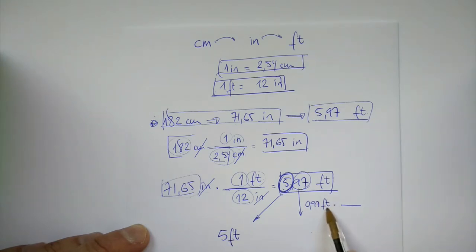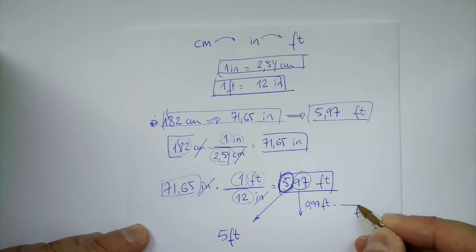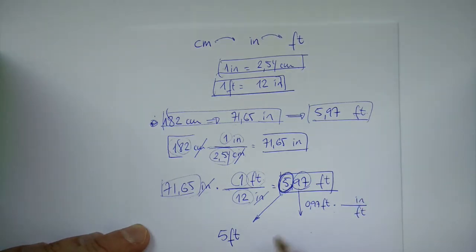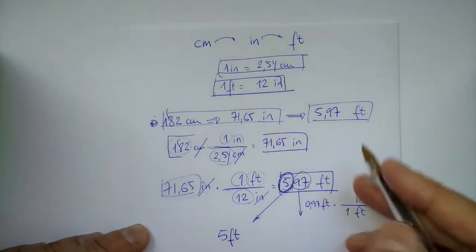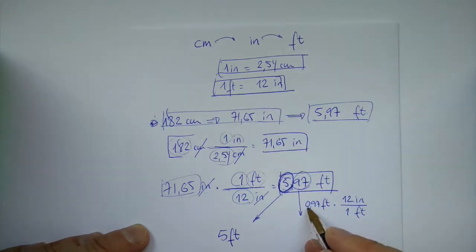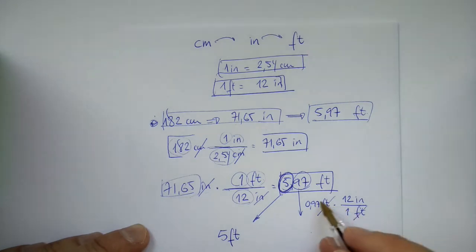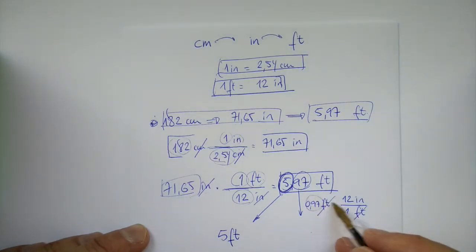So we have feet in the denominator, and in the numerator we put inches. We know 1 foot equals 12 inches. We cancel out the feet, so we multiply 0.97 times 12 and divide it by 1.